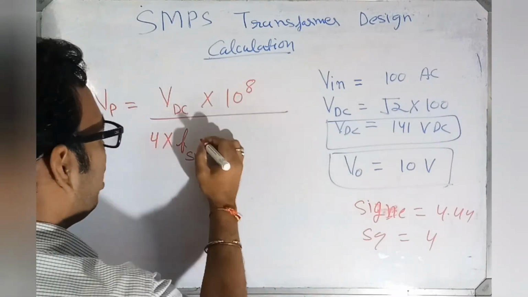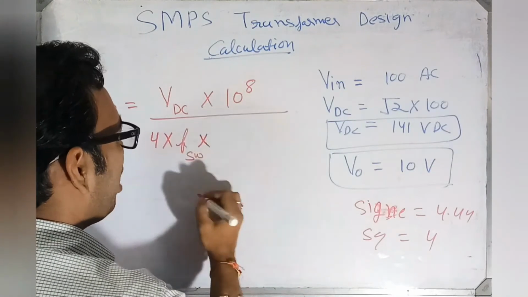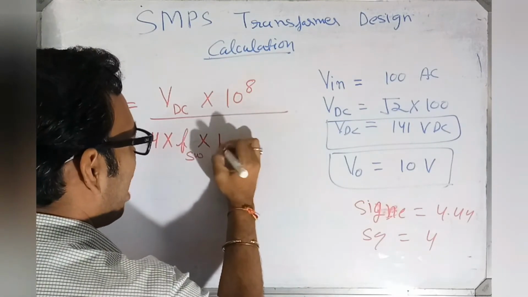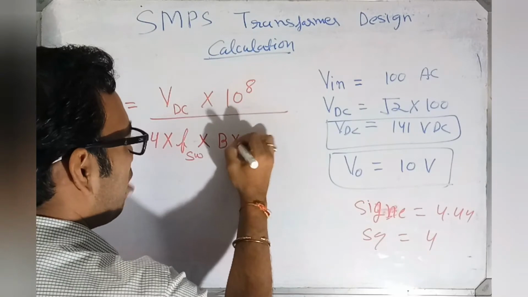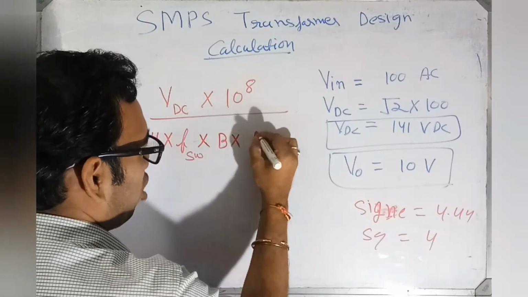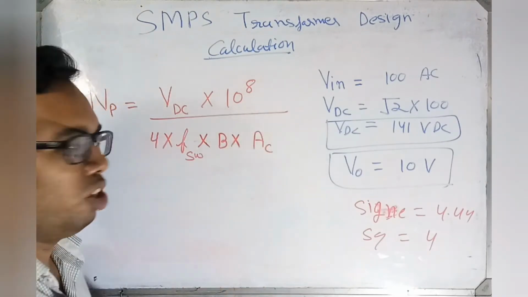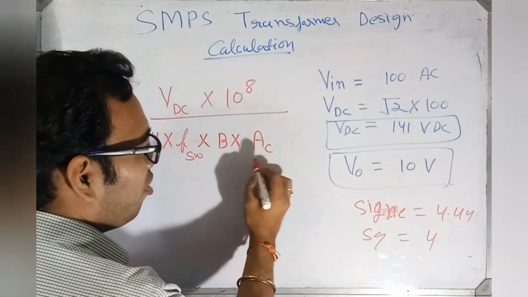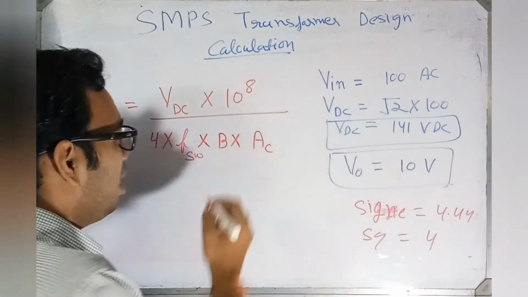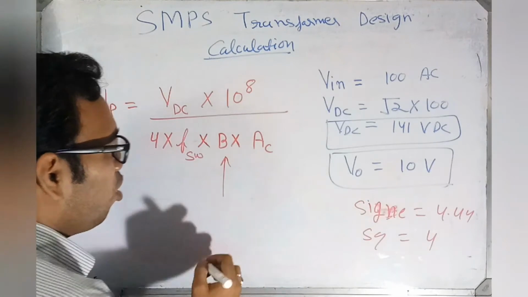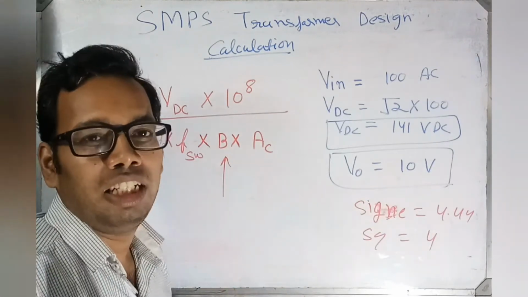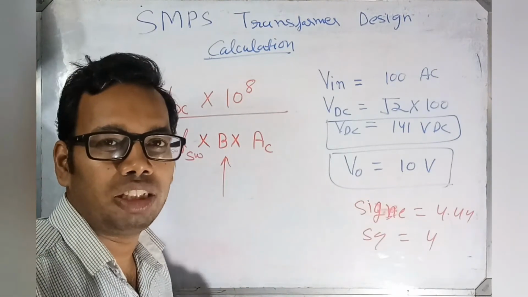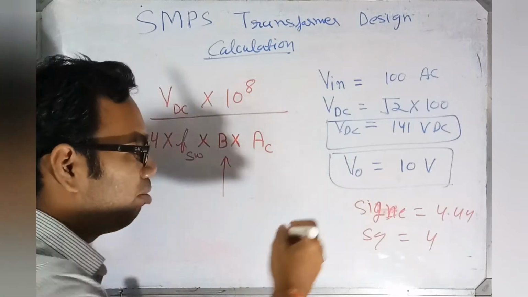This is multiplied by the flux density B, multiplied by the cross-sectional area of the core. This cross-sectional area we find from the core only, and this B value we have to choose as per the requirement, as per the core maximum saturation flux density.